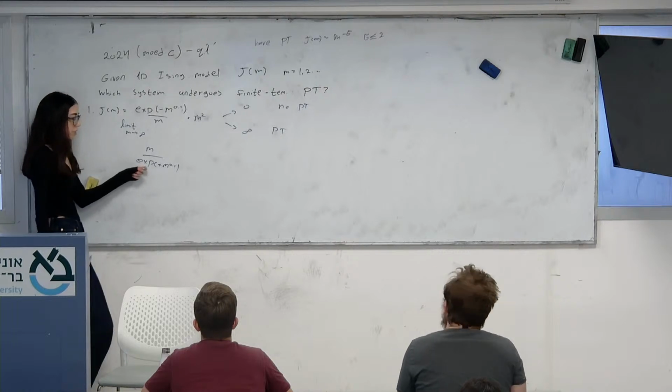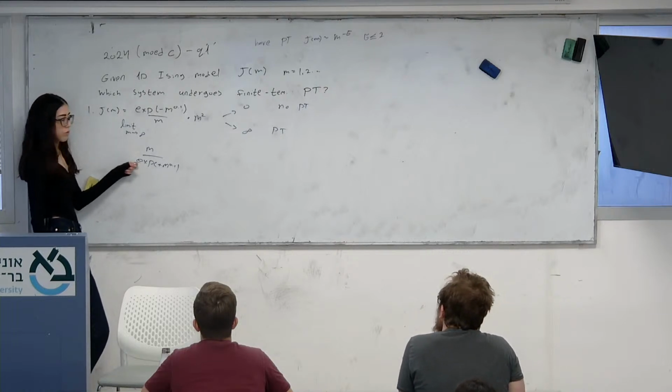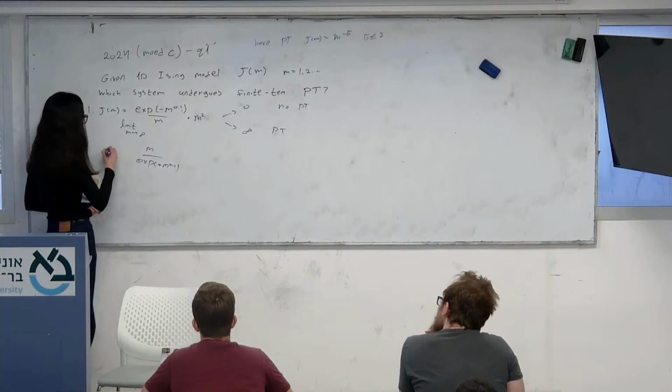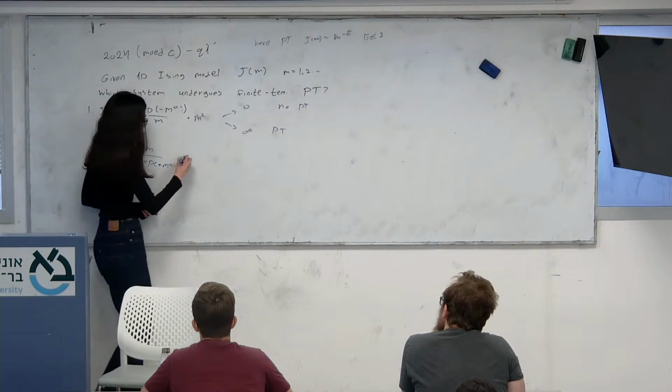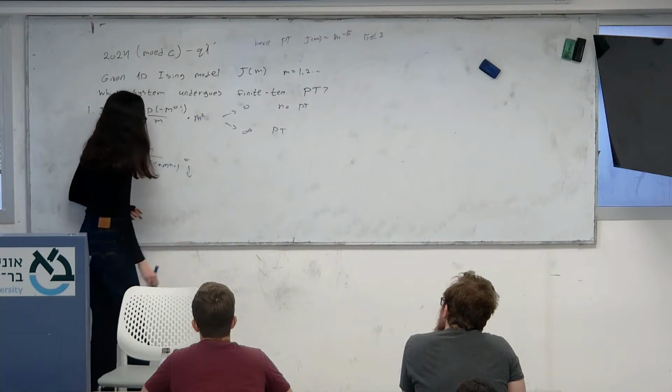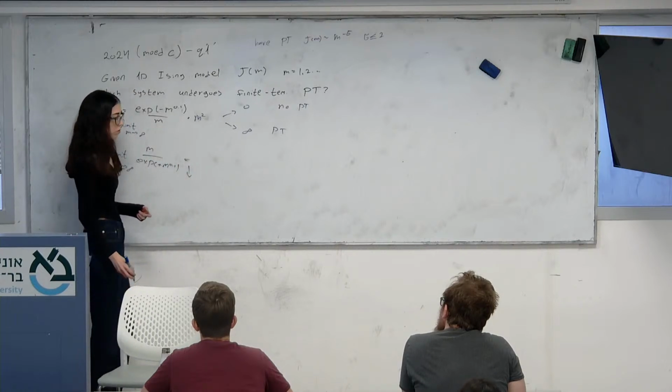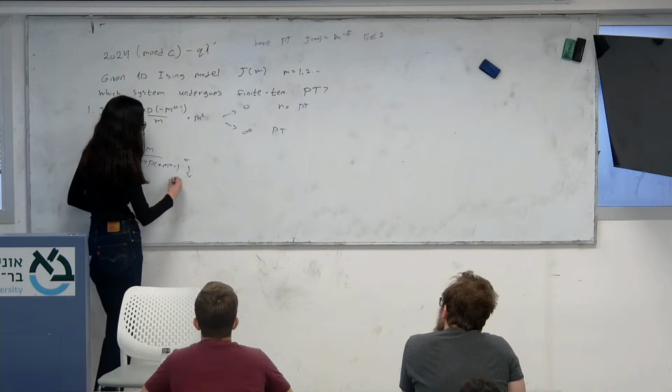And we see that both of those go to infinity when we take m to infinity. So what we can do is use L'Hopital. Remember L'Hopital? I don't know if I know how to write L'Hopital.